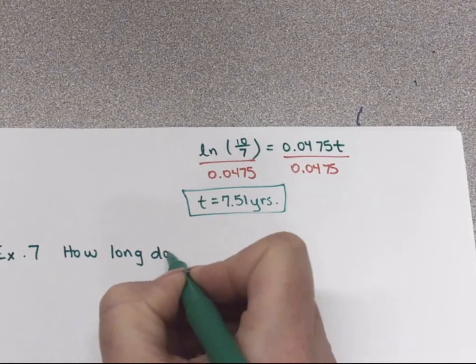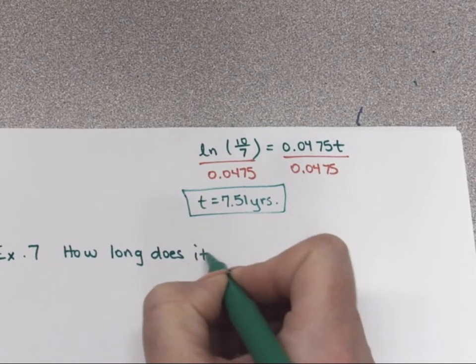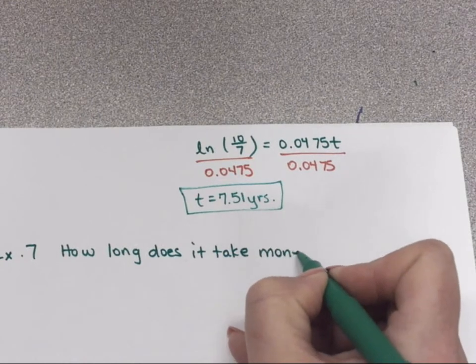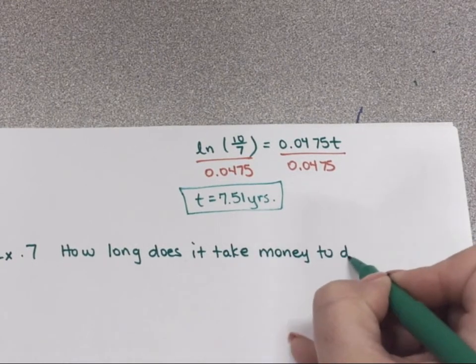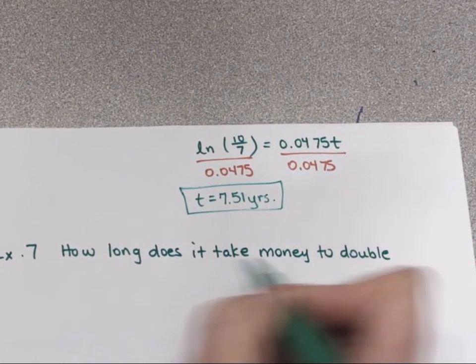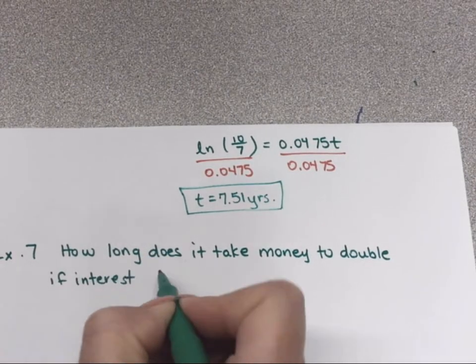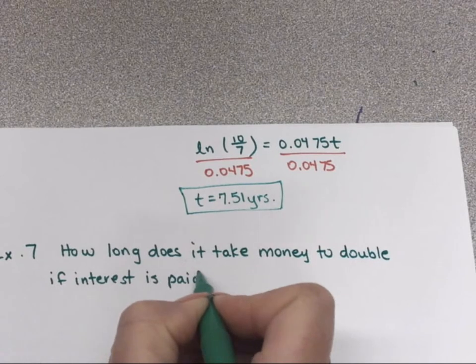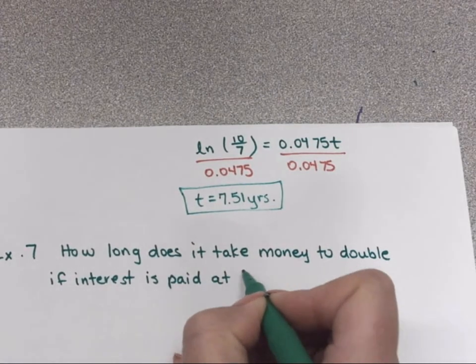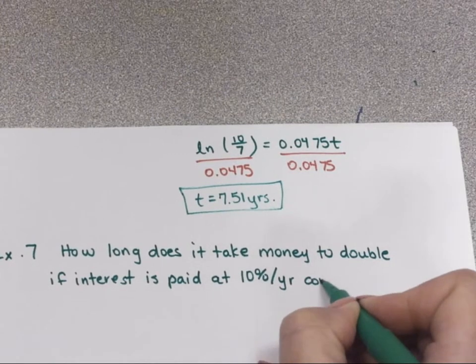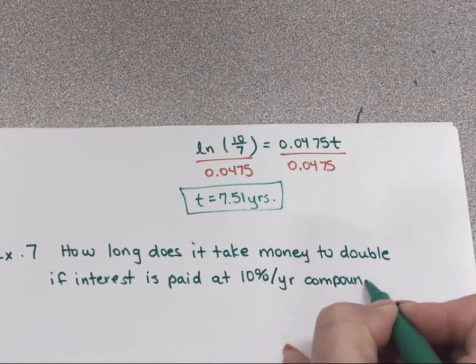So the last question like this is, how long does it take money to double if interest is paid at 10% per year compounded continuously?